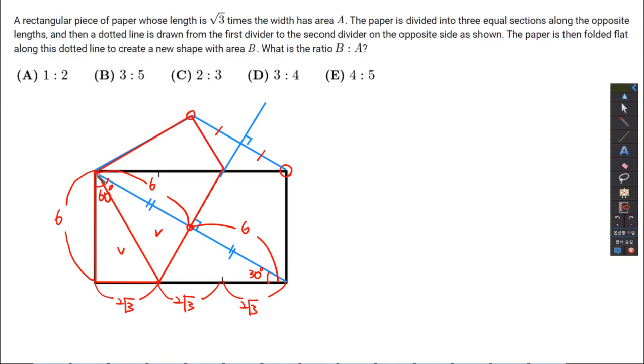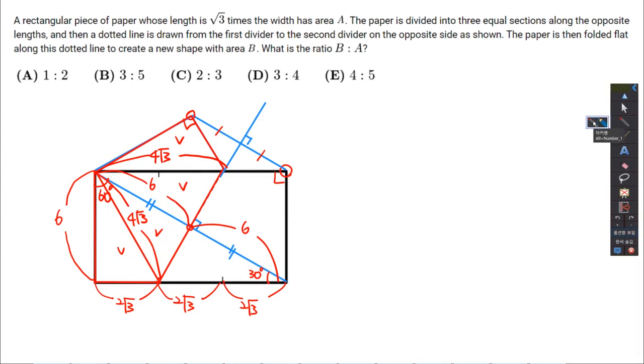And the length of the hypotenuse here is 4 times the square root of 3. And because this length is also 4 times the square root of 3, these are also right triangles. So actually, all these 4 right triangles are congruent. So after folding, it will be composed of these 4 congruent right triangles.